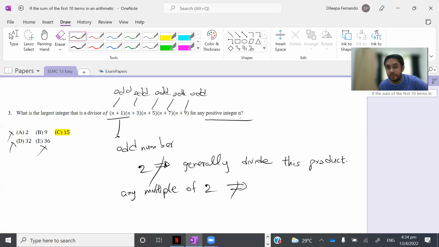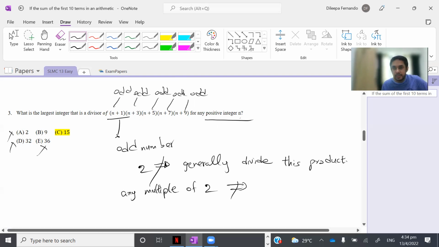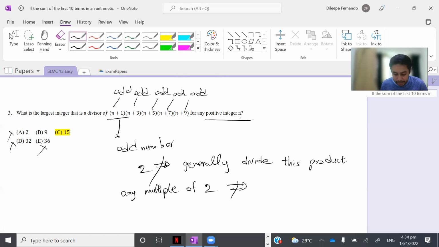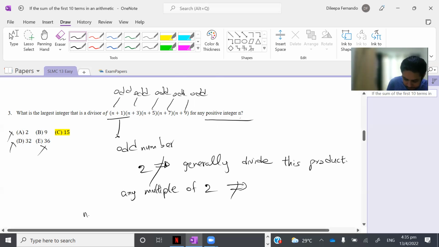So we can start from 15 because 15 is the largest. We are asking for the largest number. Now we just have to see there are consecutive terms in an arithmetic progression.